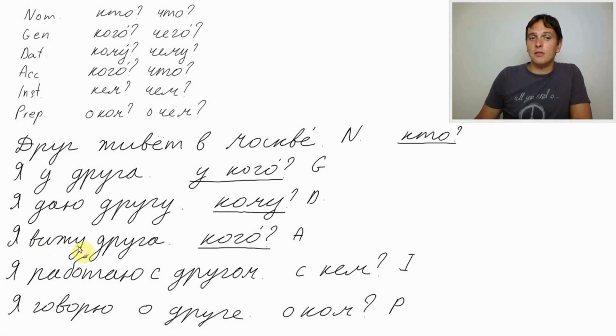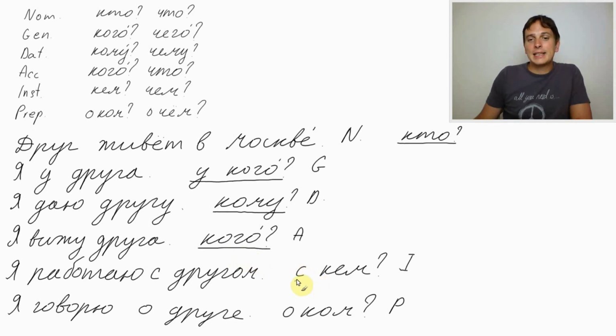Я вижу друга. I'm seeing a friend. How would you ask the question? Who am I seeing? Кого я вижу? Who I see. So who I see, with the question word as the first word, we're getting a question. Кого я вижу? Я вижу друга.